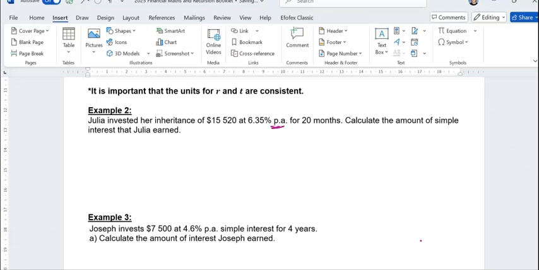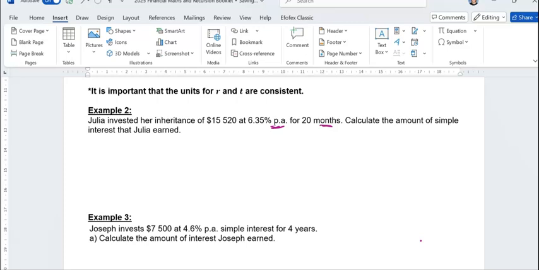So the per year and the months doesn't match up. So we need to do something with that first before we can continue with that question. So we're still going to use the same formula. So we want principal and rate and time, but the formula wants us to have those units being consistent, or the same.